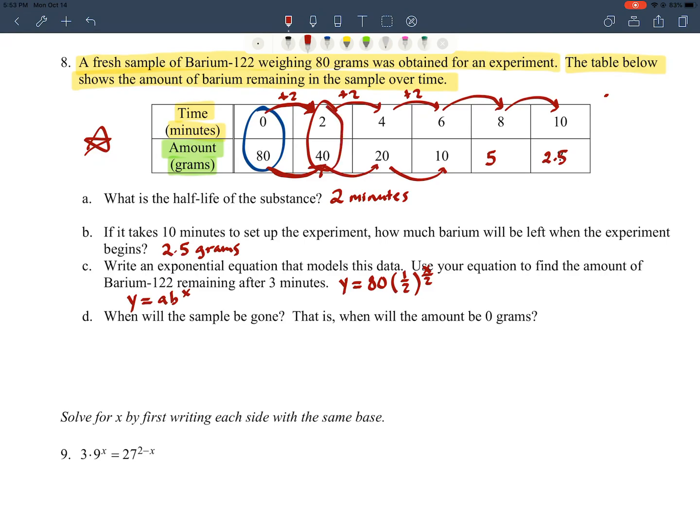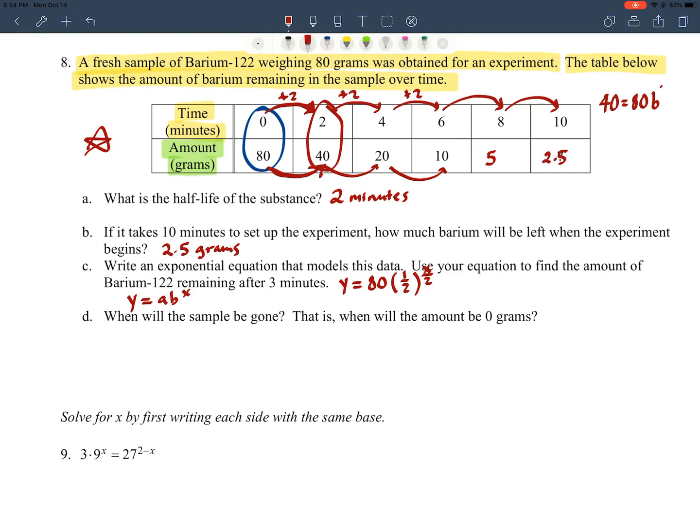Let's take the point (2, 40), and we could plug in our 40 for y, and then our 80 for A. We don't know what b is at that point. We know it's going to end up being something like 1/2, but if we do it this other way, our multiplier won't be just 1/2, and I'll show you what I'm talking about here if you want to listen along. Otherwise, fast forward.